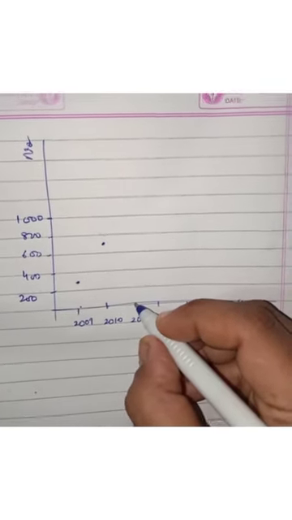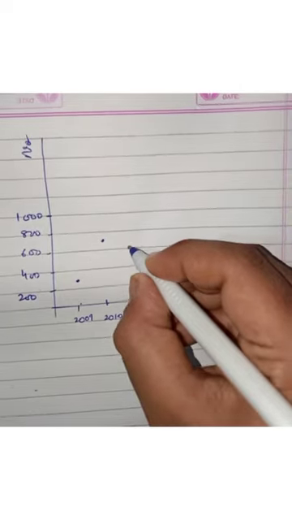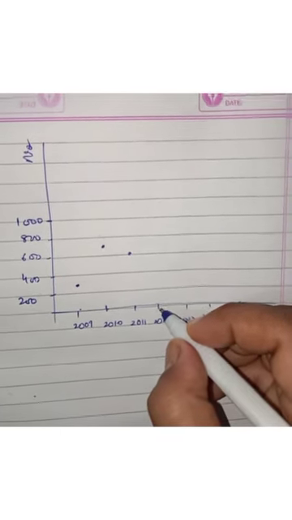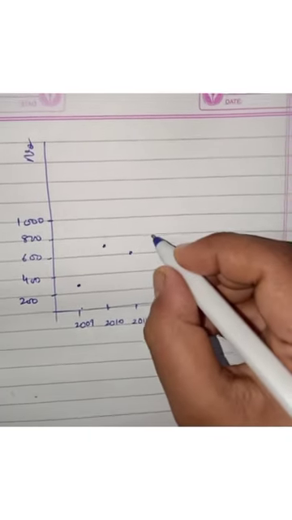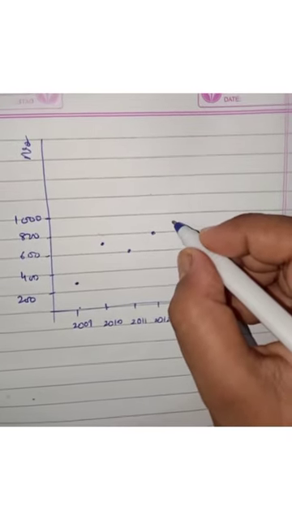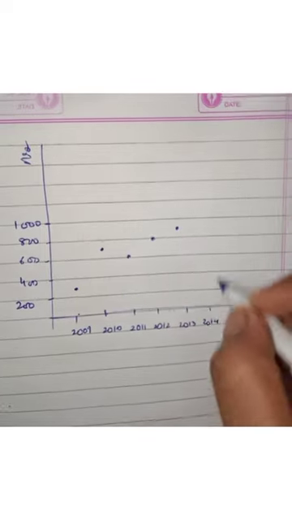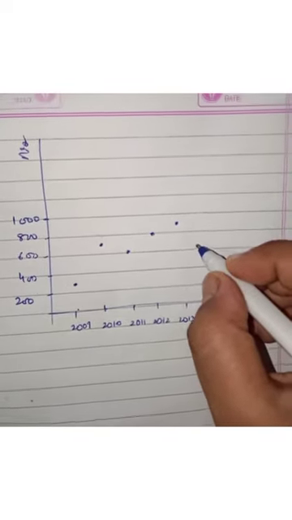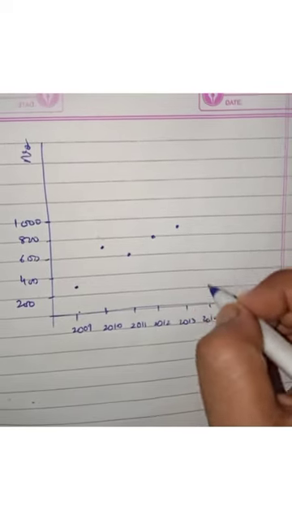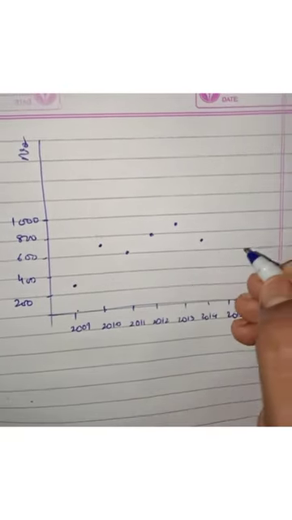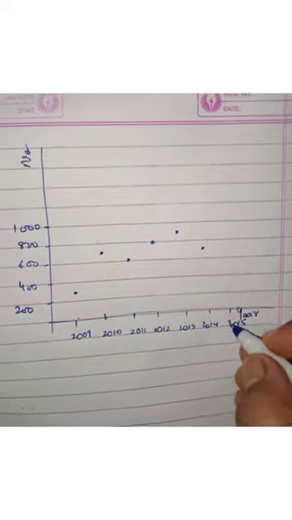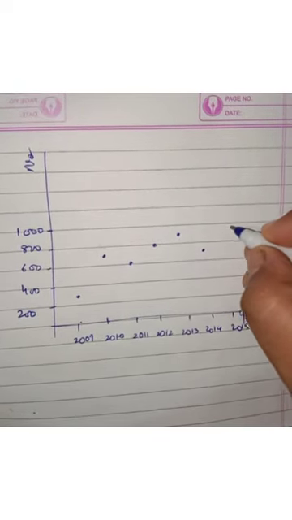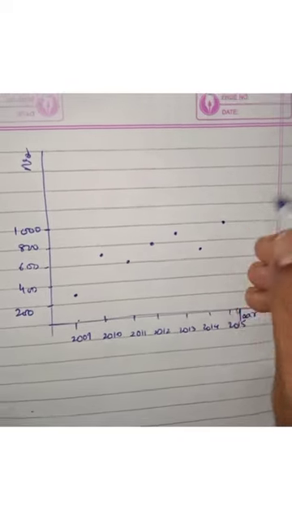In 2011 it is 600, in 2012 it is 800, in 2013 it is 900, somewhere between 800 and 1000, and in 2014 it is 700, again between 600 and 800. In 2015 it directly goes to 1000.